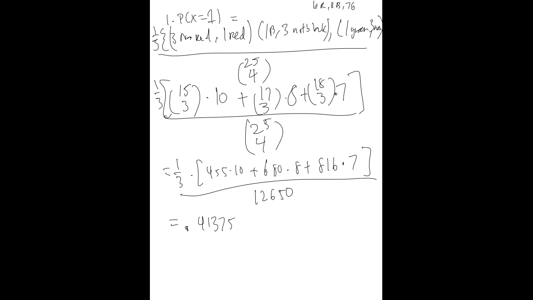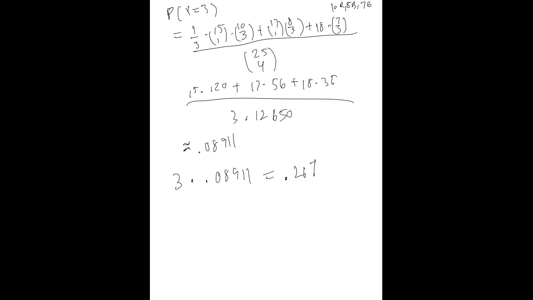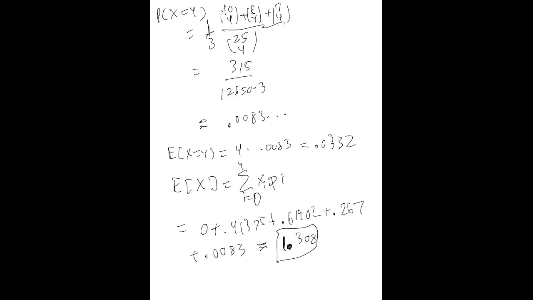Say if x equals 1, we're taking 3 non-red, 1 red, 1 black, 3 non-black, 1 green, 3 non-green. We use basically combination formulas, and we add up all the weighted values for x equals 2, 3, 4, and we get 1.3 at the end.